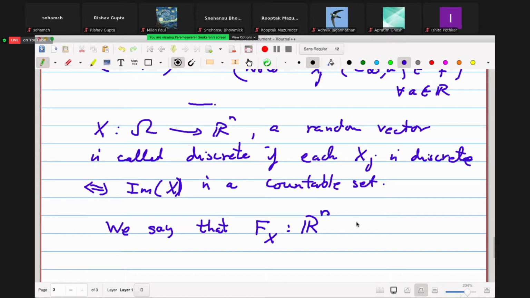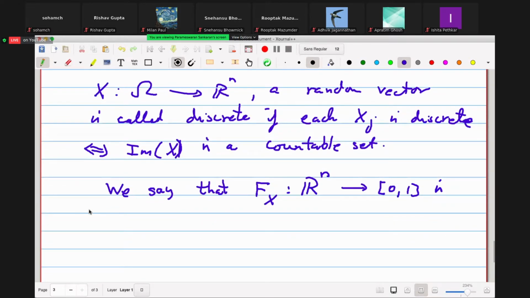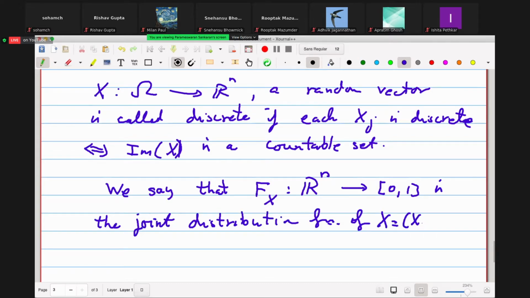From R^n to [0,1], is the joint distribution function of x, which you can say is x1, blah, blah, blah, xn, if the following holds.